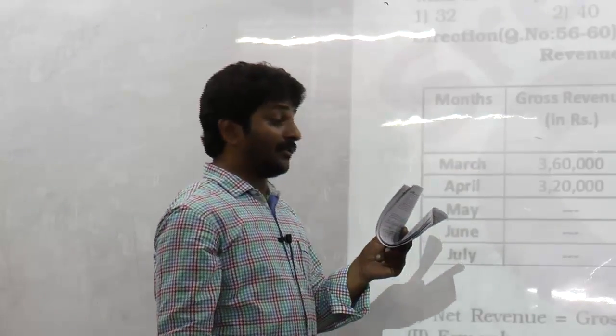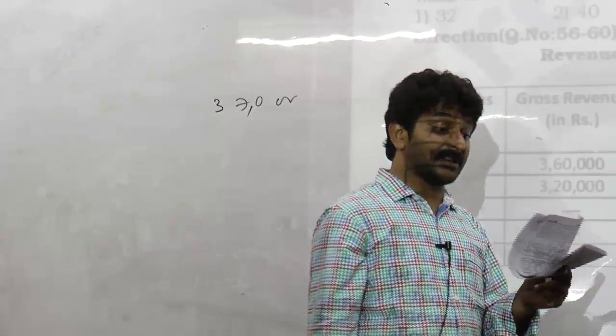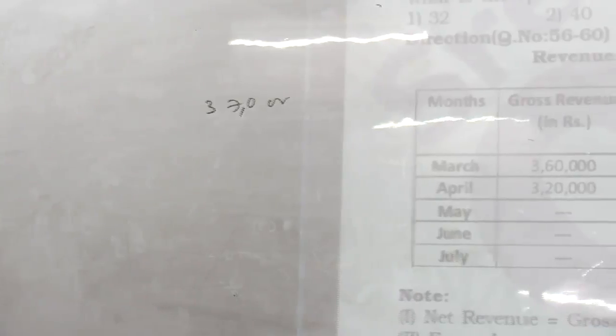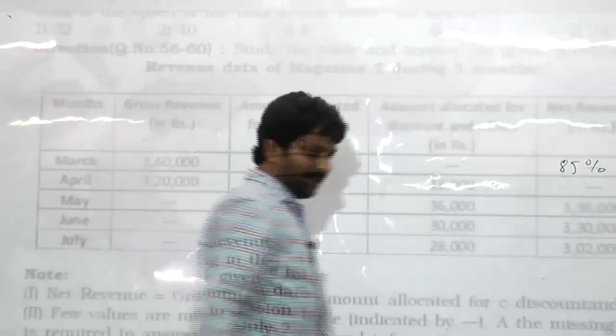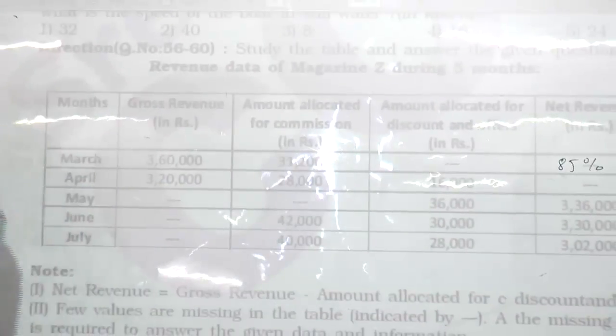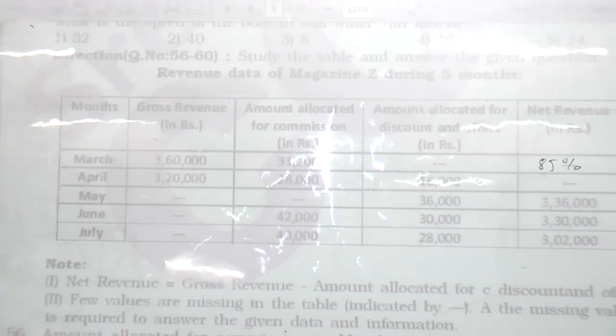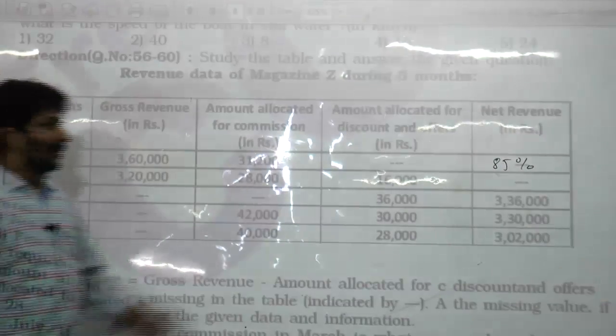Next, in March, if the net revenue of the magazine was 85% of its gross revenue, what was the amount allocated for discount and offers?